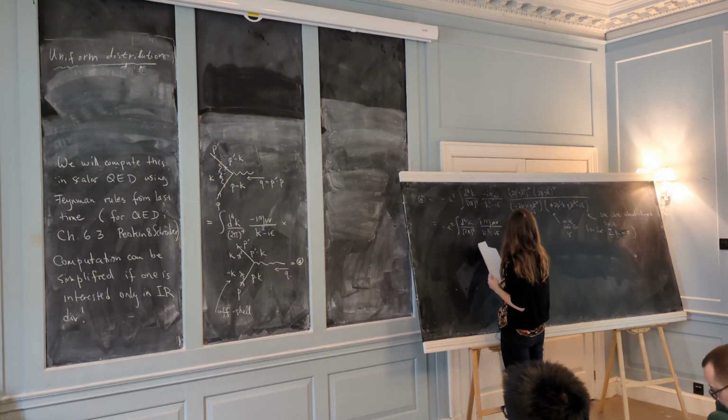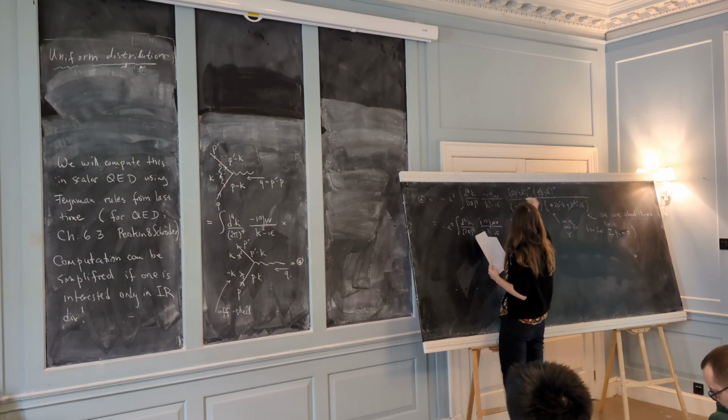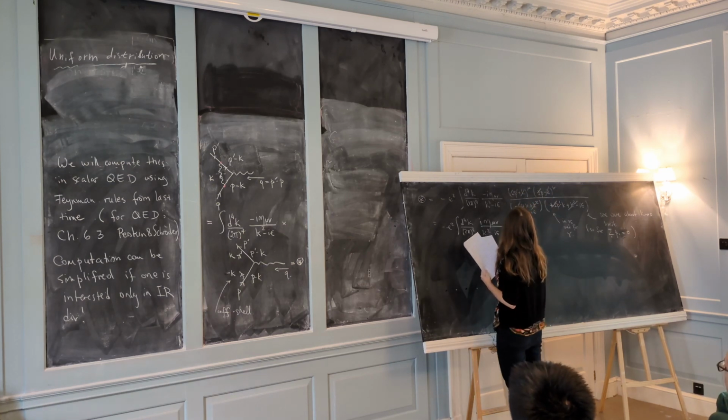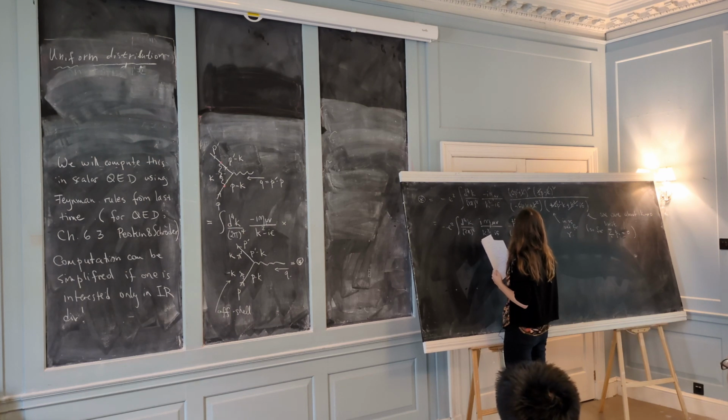And I can also cancel these factors of 2 now, as we also had last time. So I have p prime mu p nu divided by p dot k plus i epsilon times p prime dot k minus i epsilon. Okay?